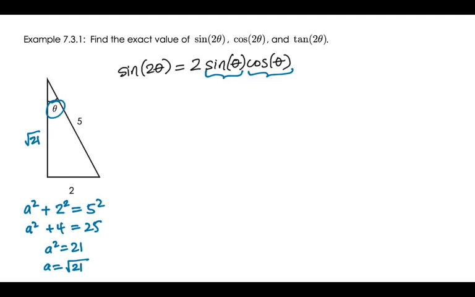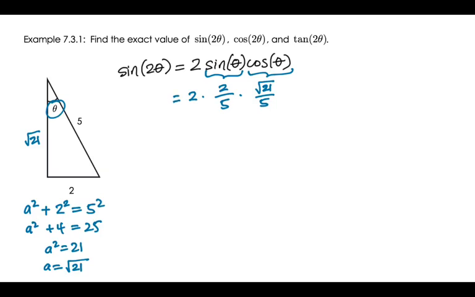Sine of theta is opposite over hypotenuse. Opposite is 2, so that's going to be 2 over 5. Cosine theta is adjacent over hypotenuse, root 21 over 5. Those are multiplied together in the formula, and then the formula comes rigged with a 2.